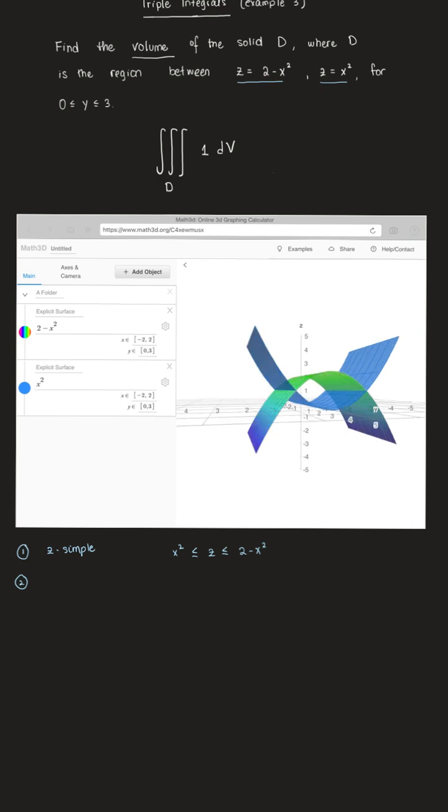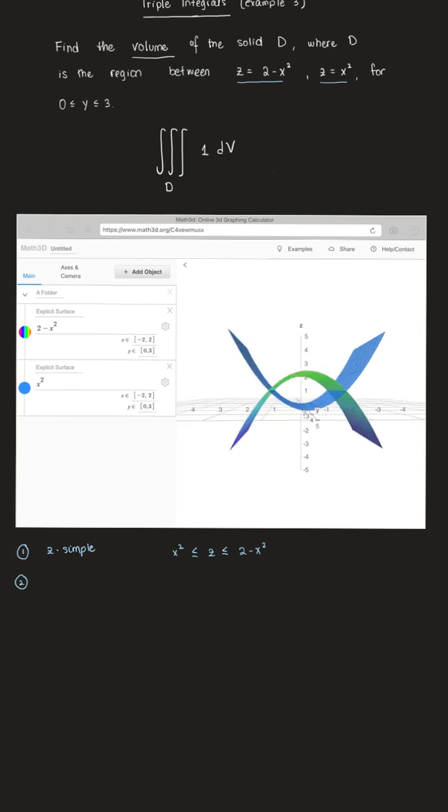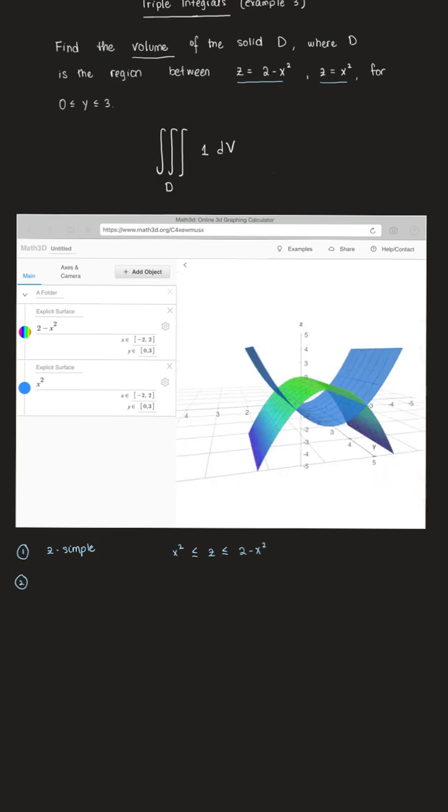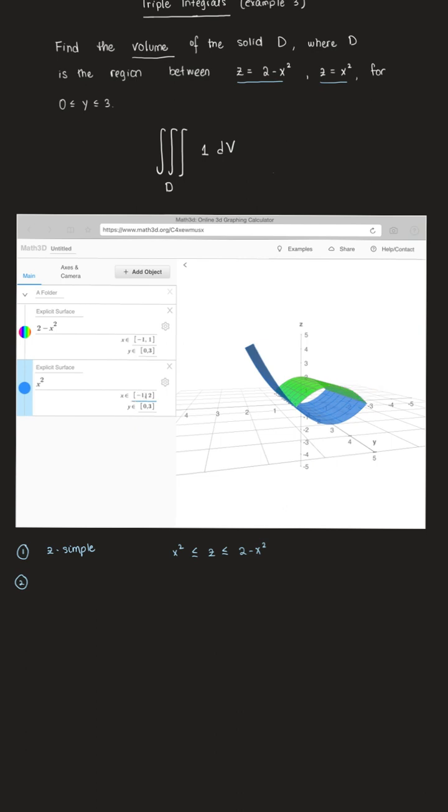Since I'm going z simple, we're going to go from the bottom function to the top function, which means that our 2D projection is going to be on the xy plane. So now I'm going to give you the bird's eye view onto the xy plane. I'm also going to change my x limits from -1 to 1 for one function and -1 to 1 for the other so that we don't have too many extra parts and we can more clearly see the intersection of the two surfaces when projected onto the xy plane.